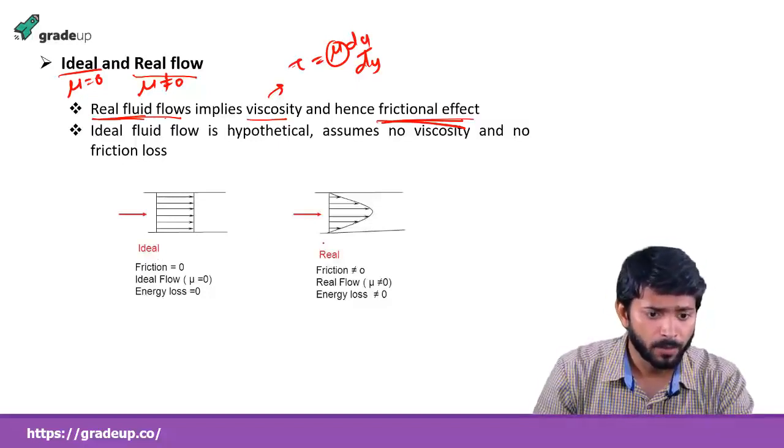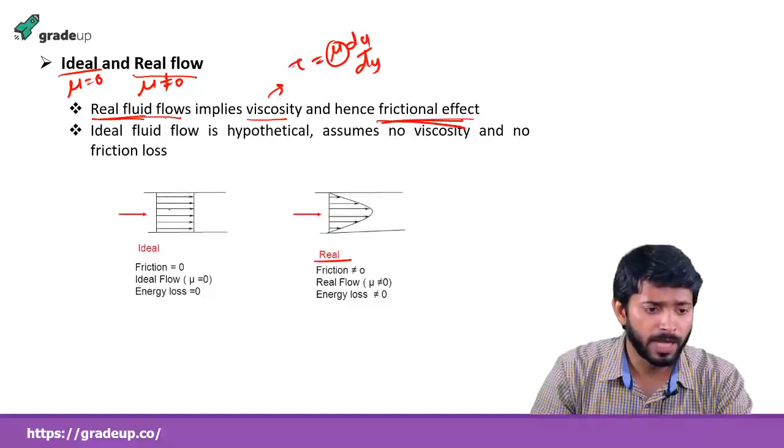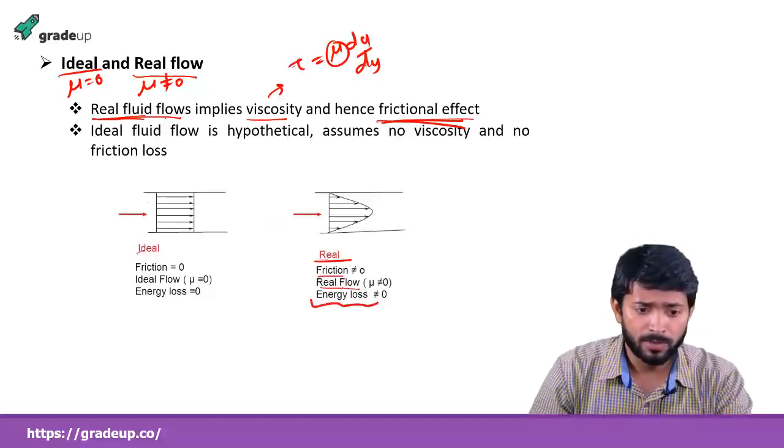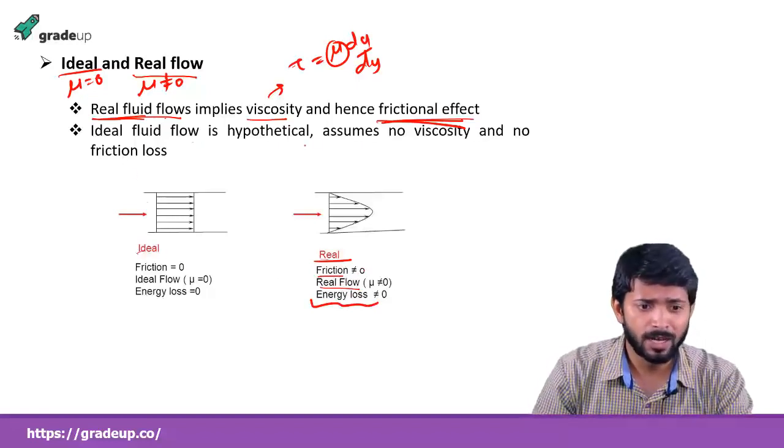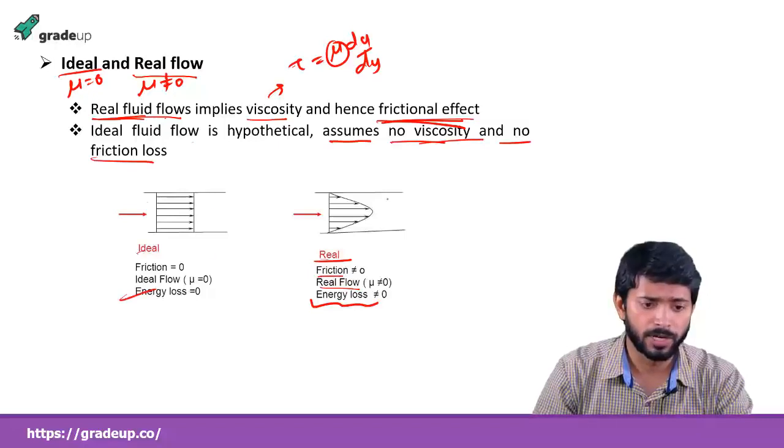In the real fluid flow, you can see from the diagrams, friction is available and energy loss will be there due to the friction losses. But ideal flow, which is a hypothetical fluid and not a real fluid, assumes no viscosity and no friction losses. So there is no friction loss, no energy loss here, and the velocity profile is linear.